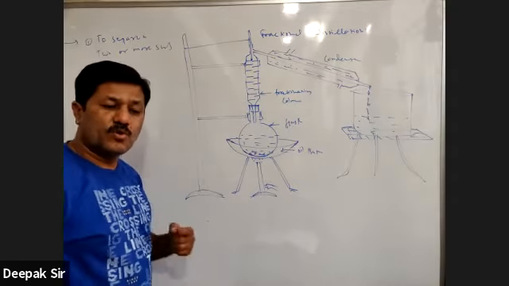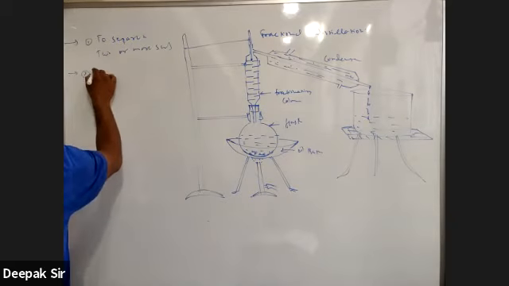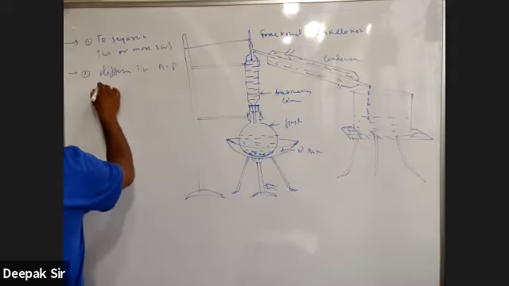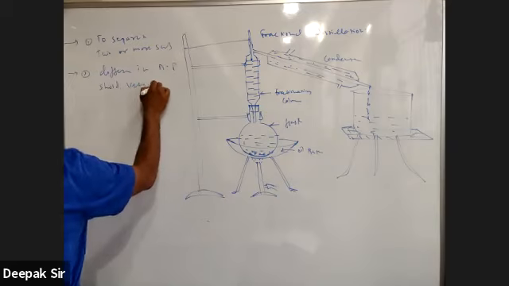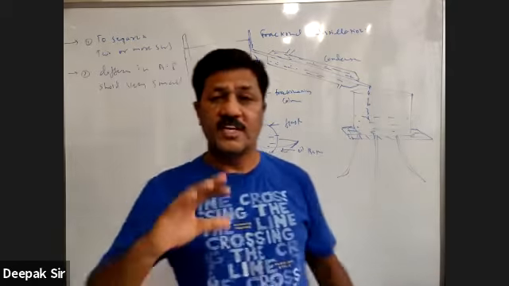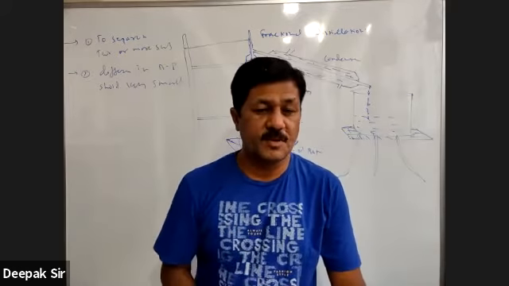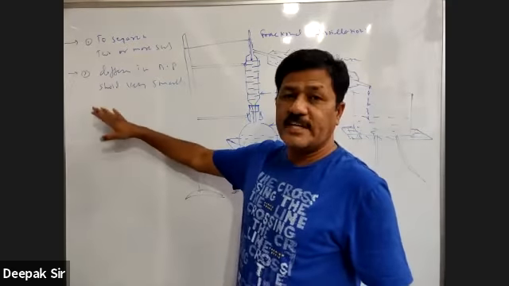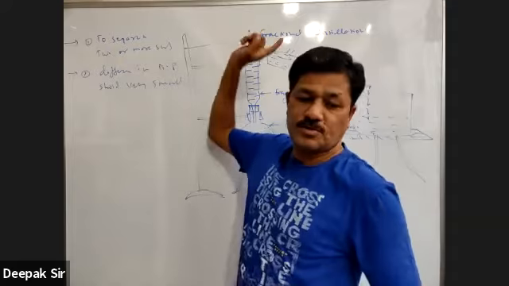Number two, the difference in boiling point should be very small. Only when the boiling point difference is very small do we use a fractionating column or the fractional distillation process. Keep in mind, when the difference in boiling point between the substances is very small, then we use the fractional distillation process.